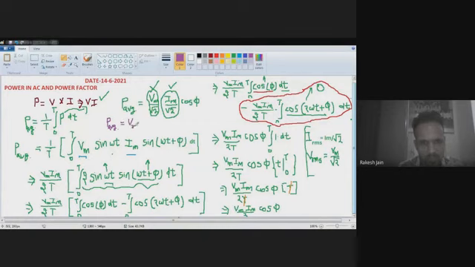Because Vm upon root 2 can be termed as Vrms, and Im upon root 2 can be termed as IRMS, and then cos phi.